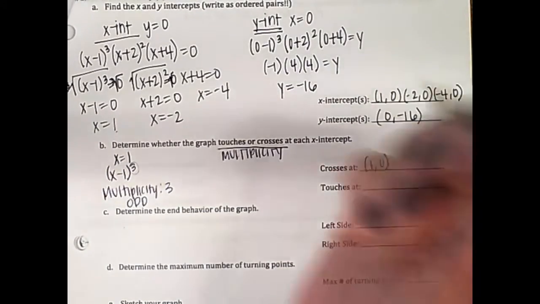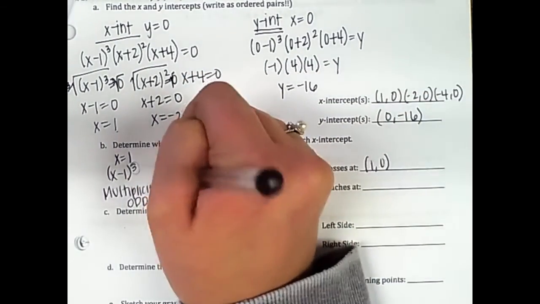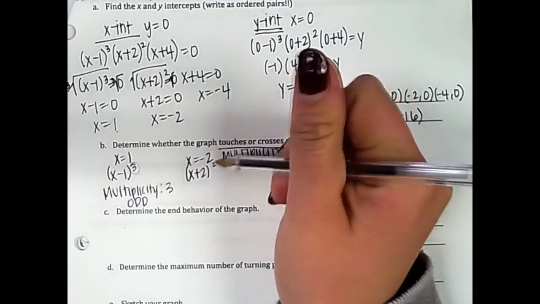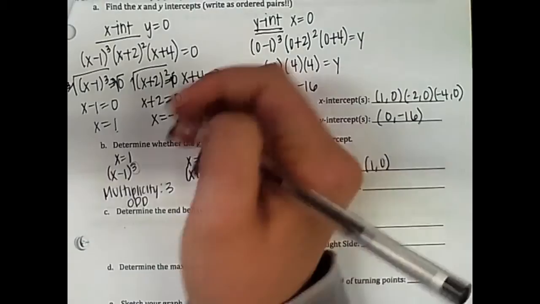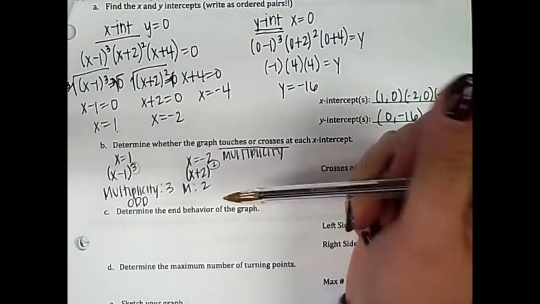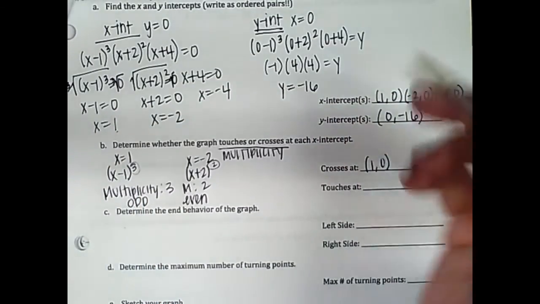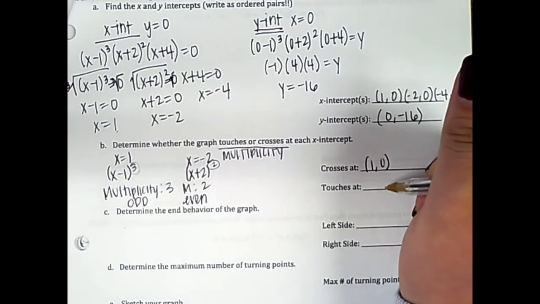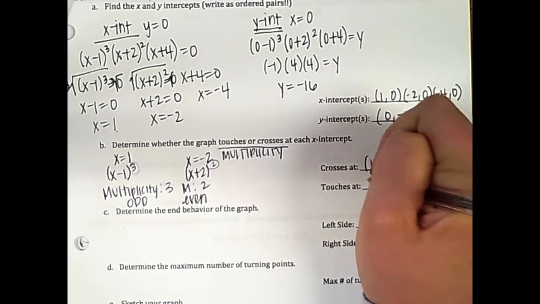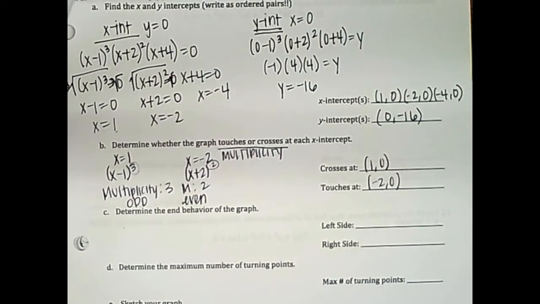Then my next zero, x is equal to negative 2, the factor was x plus 2 squared. So my exponent is 2, so my multiplicity is 2, which is an even number. When the multiplicity is even, the graph hits the x-axis and then bounces back. And so that's where it touches. It touches at negative 2, 0.